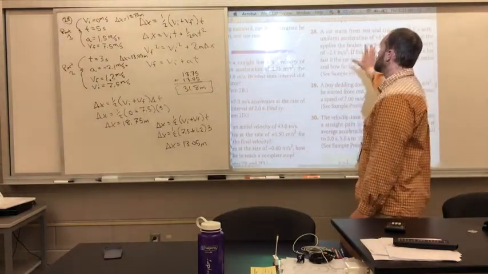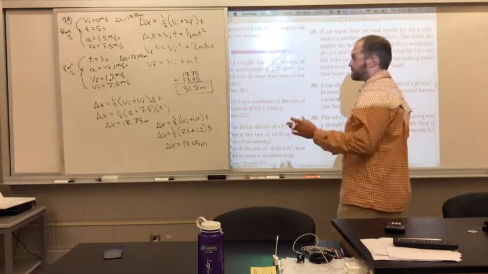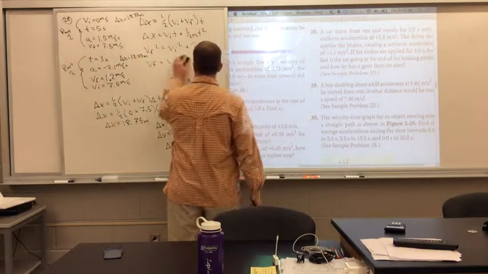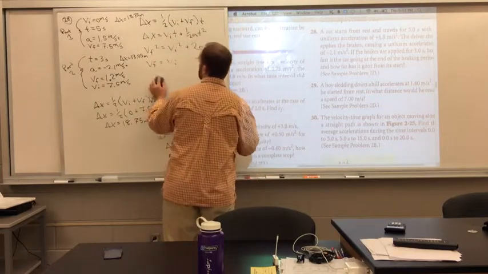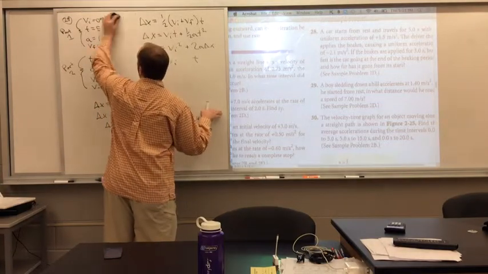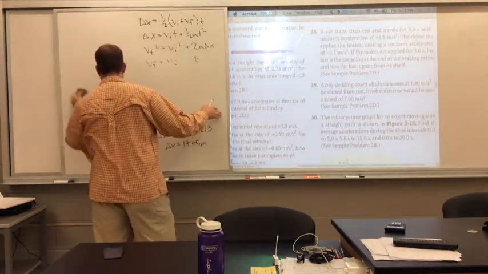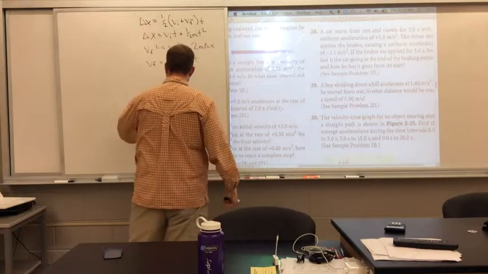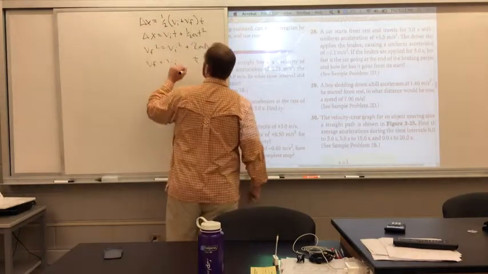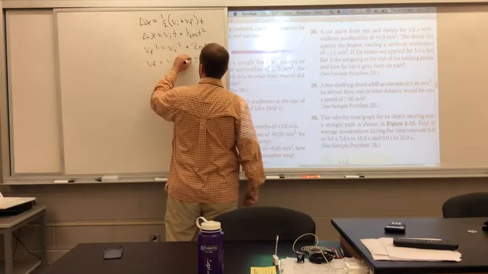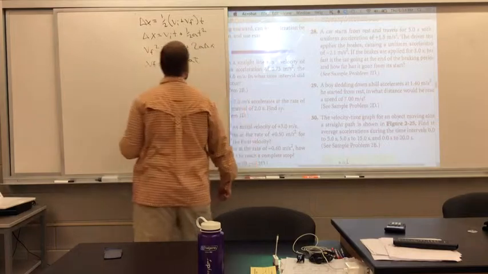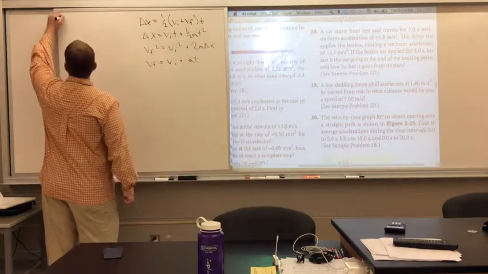Okay, so that's 28. Let's try 29. Ooh, I erased some of my kinematic equation there. Let's see, vf equals vi plus acceleration times time. 29.